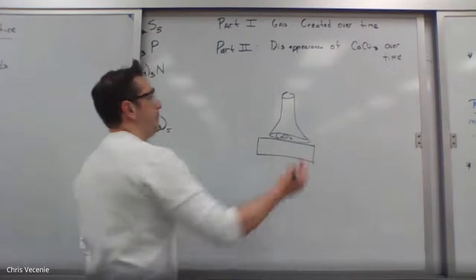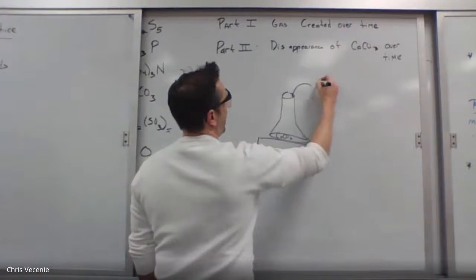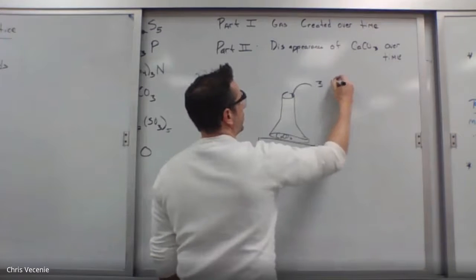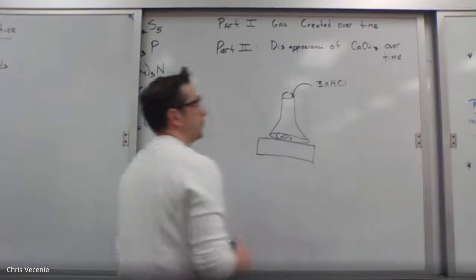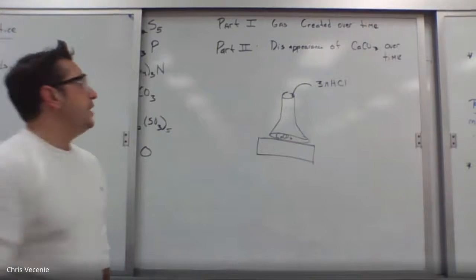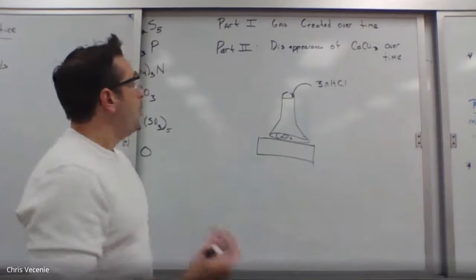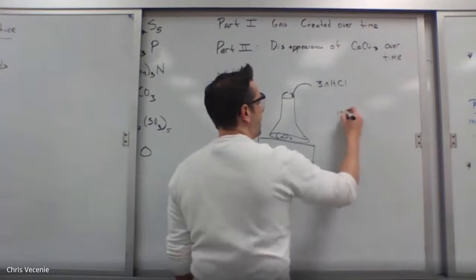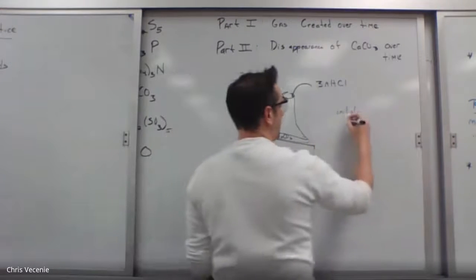Then we're going to dump in a different acid this time. We don't need the reaction to generate quite as much gas, so we don't have to use as potent of the HCl. We use 3 molar HCl. And then once we dump that in there, we are going to measure the initial mass. We need the liquid to be in there as well, otherwise new added mass will be because of the liquid.